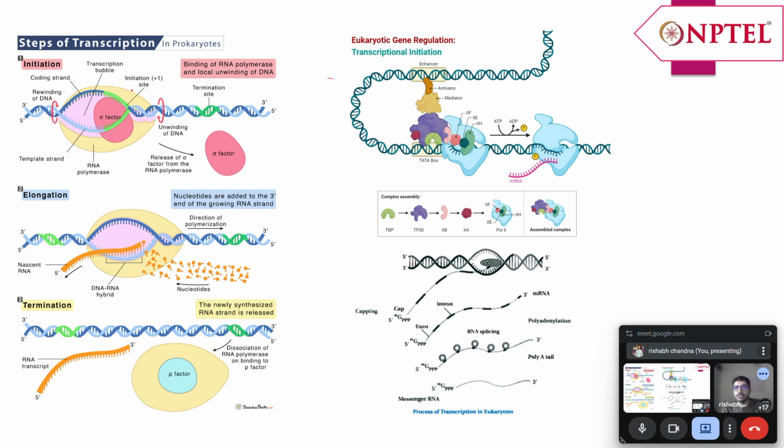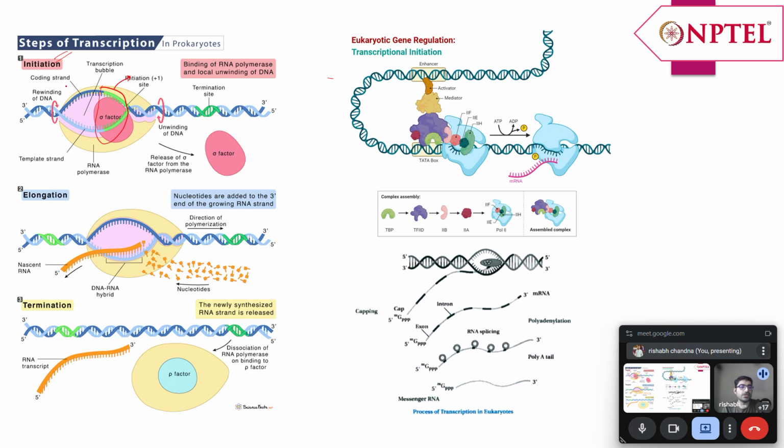There is one RNA polymerase, and one sigma factor that recognizes the promoter site in the DNA. This helps in unwinding of the DNA and the transcription bubble is formed. This starts the transcription process, and the first step is initiation.